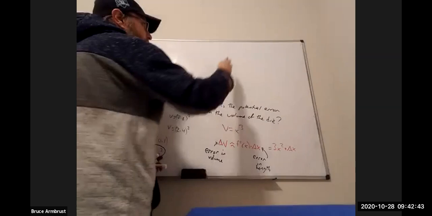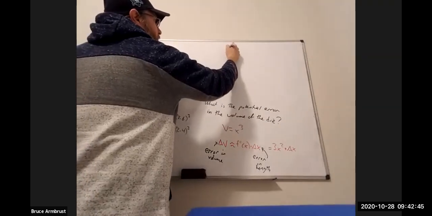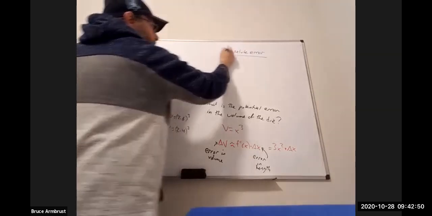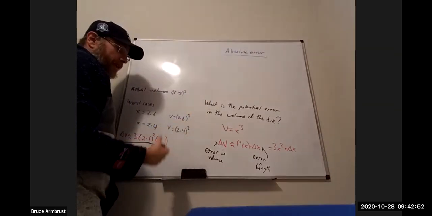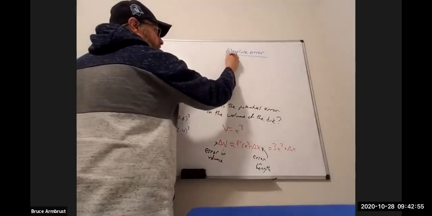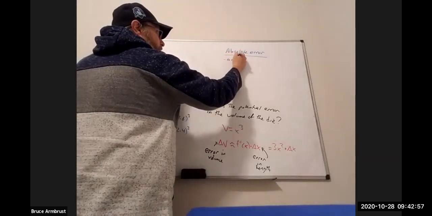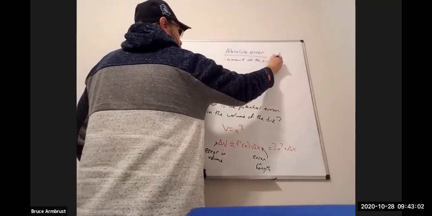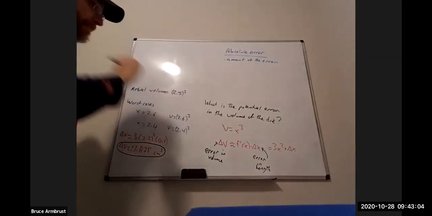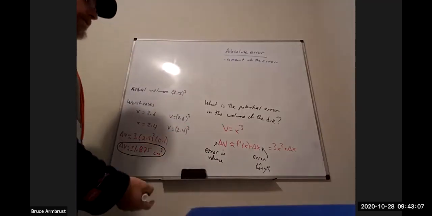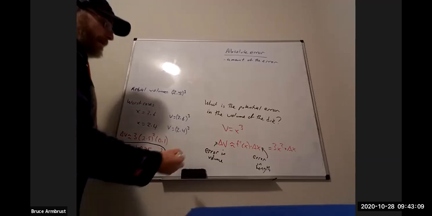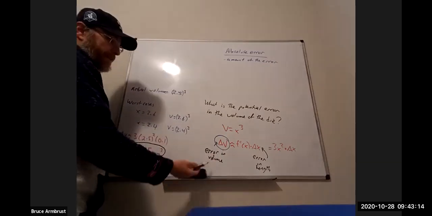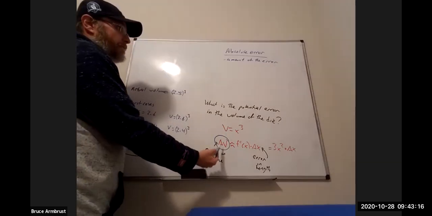So one of them is what we call absolute error. And absolute error is how much you're off. I'm just going to put here the amount of the error. And in the context of all the symbols and everything, that would be this guy right here, the delta V. That's your absolute error.